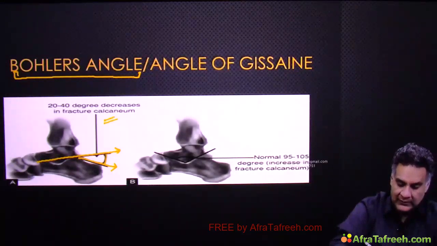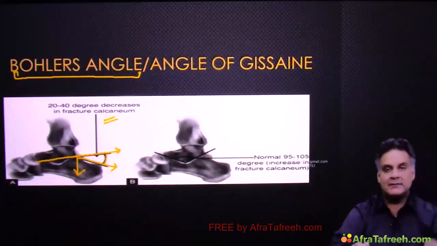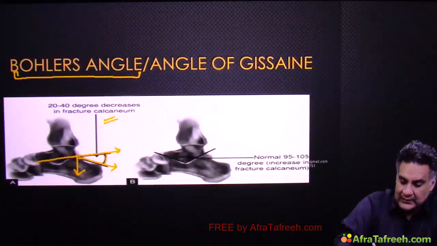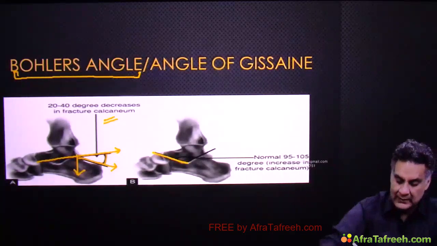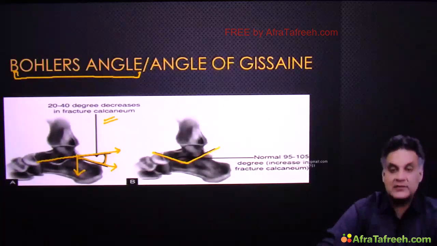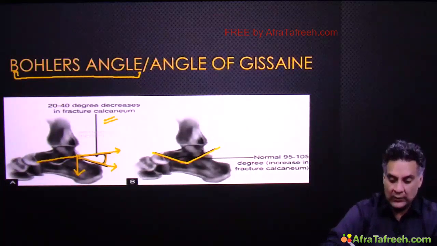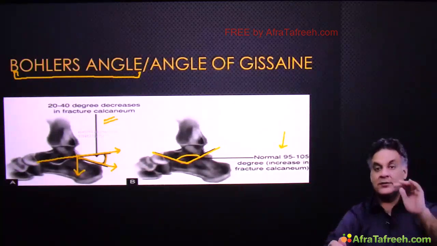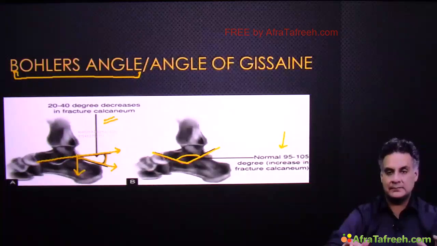Normally it is 20 to 40 degrees. With fractures of the calcaneum, this goes down. Whereas the angle of Gissane is the angle on the articular surface. Its normal value is 95 to 105, and this increases with fractures of the calcaneum.